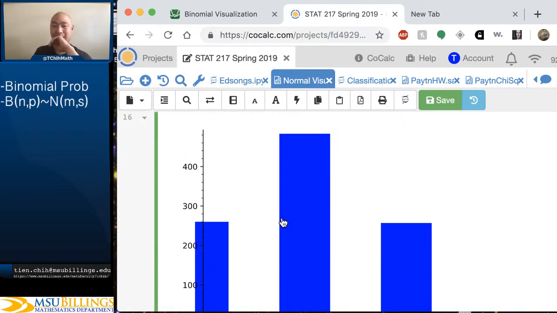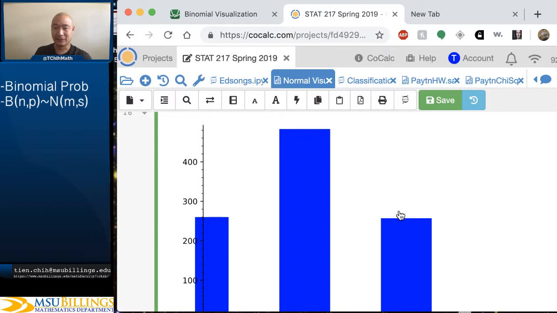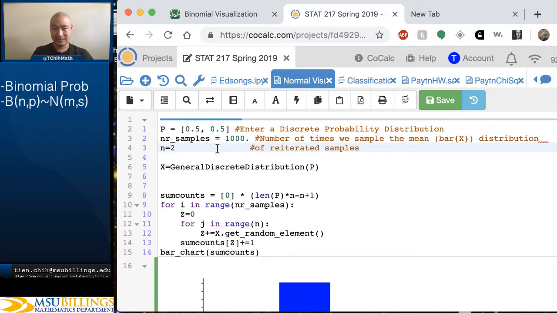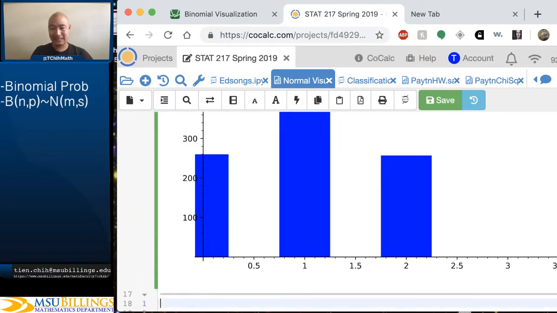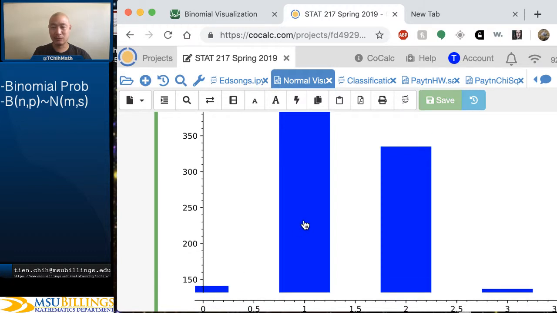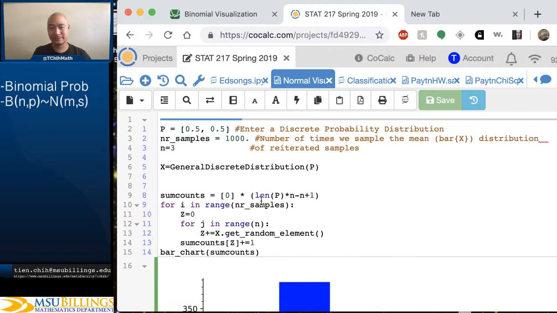And now if I do that 1,000 times, what we get is some number of 0 heads, some number of 1 heads, some number of 2 heads, right? If I flip it 3 times, then the possible outcomes are 0, 1, 2, and 3 heads, right? And they range about 149 to 351 or so.